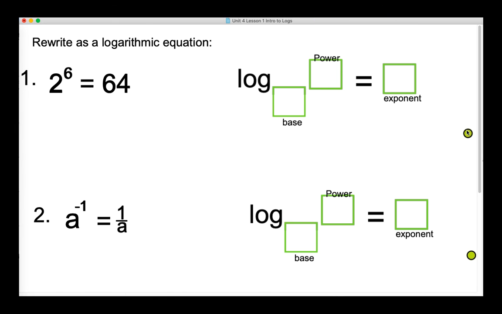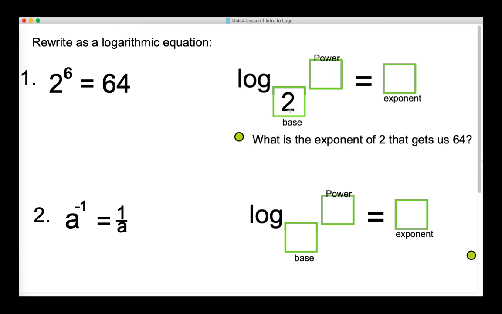All right, so we're going to just practice writing this exponential equation as its inverse, as a logarithmic equation. So we're training ourselves to say, this is really read as, over here, what is the exponent of 2 that gets us 64? Well, this is the easy one to do.